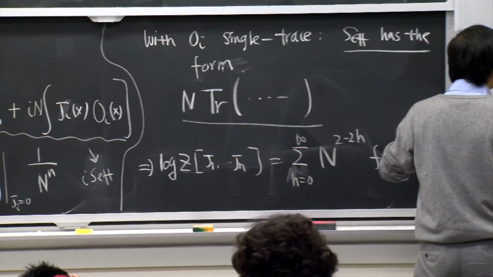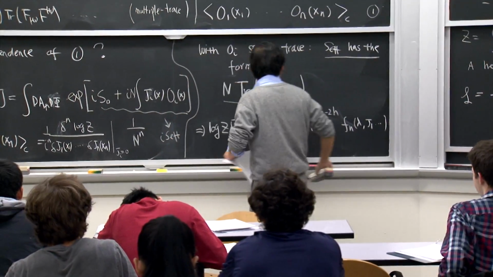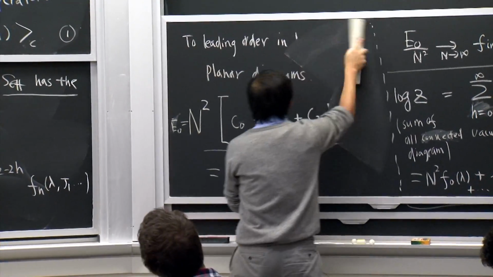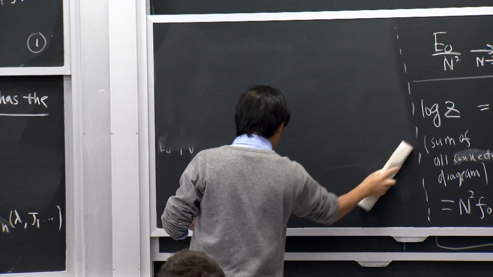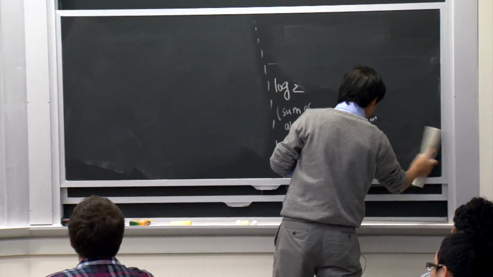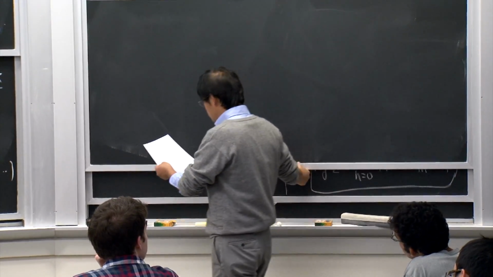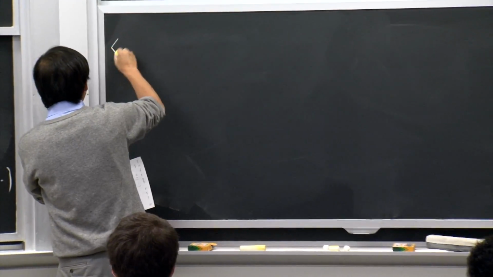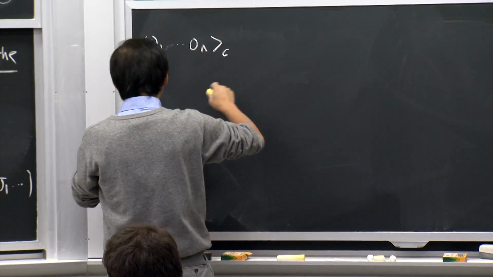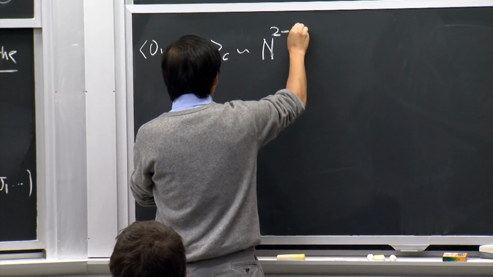So just from here, we can now immediately find out that for the connected n-point function, the leading order is n to the 2 minus n.